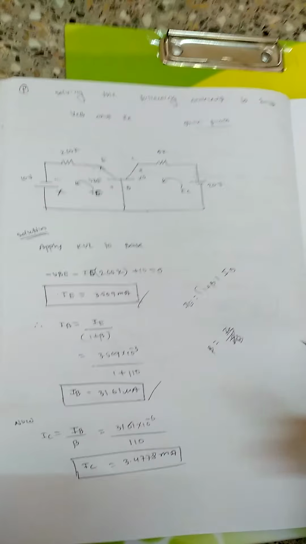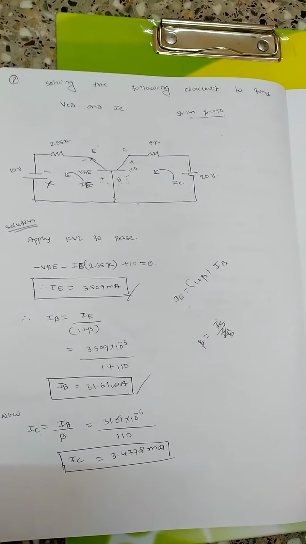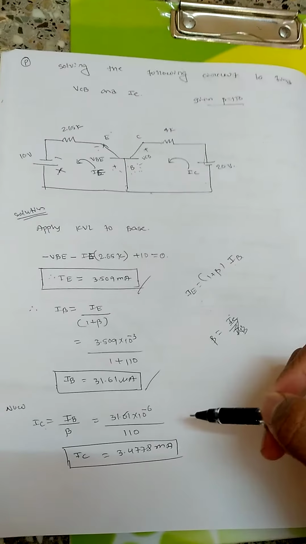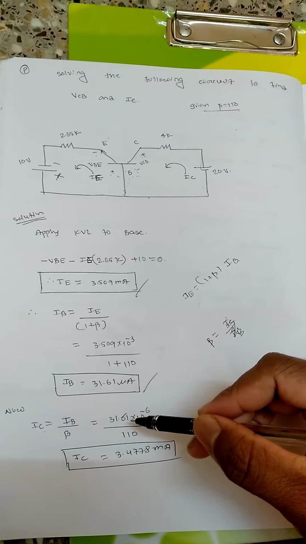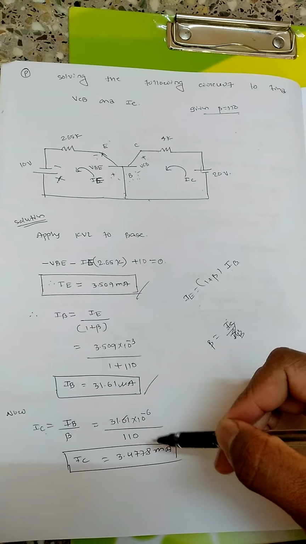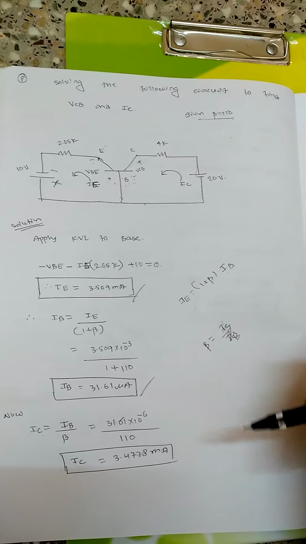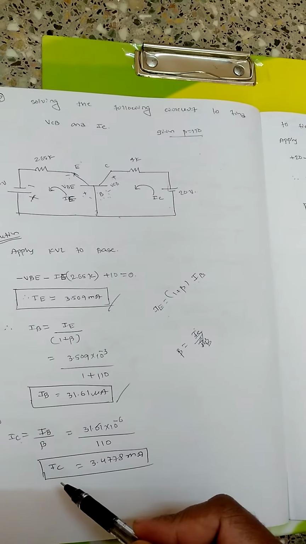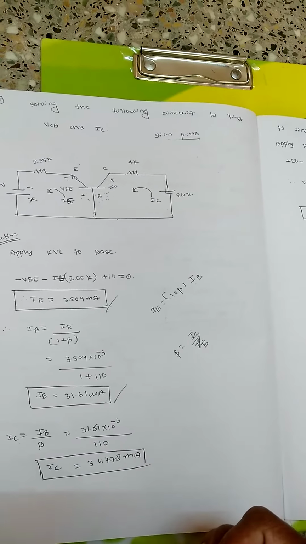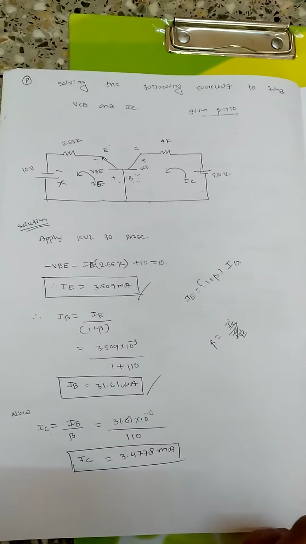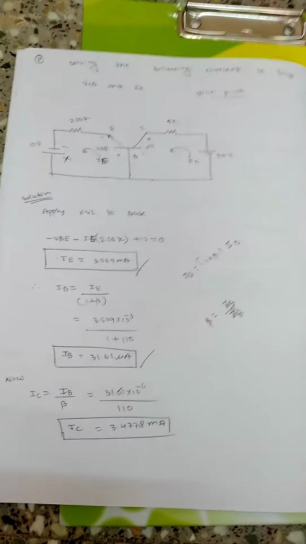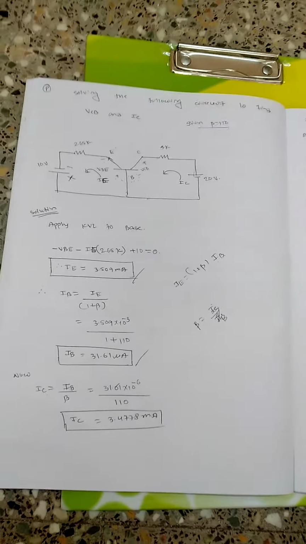So IB is 31.61 microamperes and beta is 110, which gives IC equal to 3.4778 milliamps. So I have got the emitter current, base current and collector current.